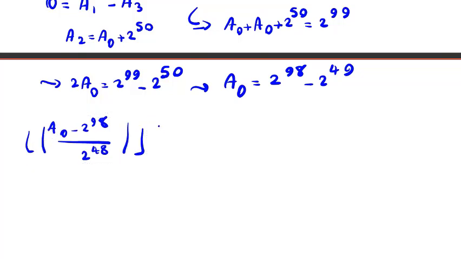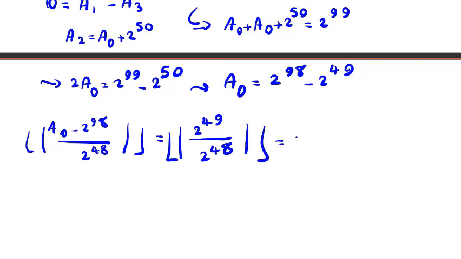Here minus 2 to the power of 98, the absolute value will be 2 to the power of 49 over 2 to the power of 48, and this will be 2, so it will be negative. I ignore negative because we have absolute value. After that we consider the floor, absolute value 2, and then it will be 2. So the answer of this problem equals 2.